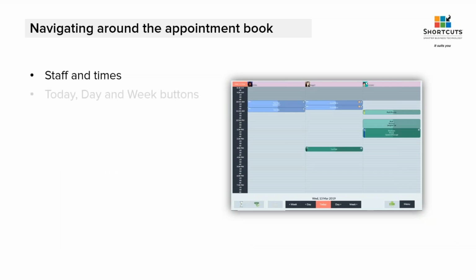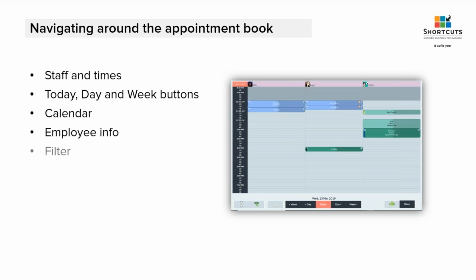So the traditional appointment book in the Shortcuts point of sale is a way to organize, a way to see everything, and it's really a modern version of the classic appointment book, the old pen and paper appointment book.